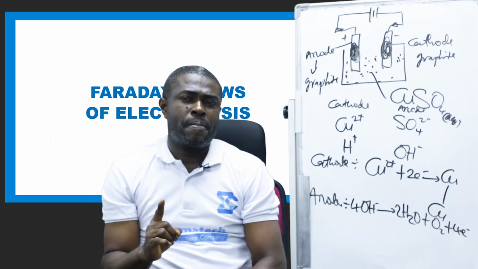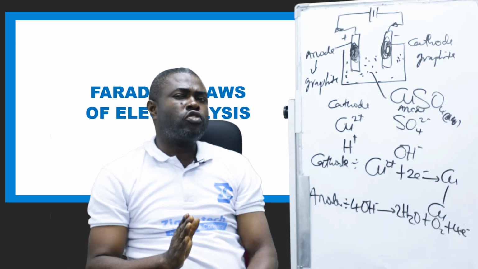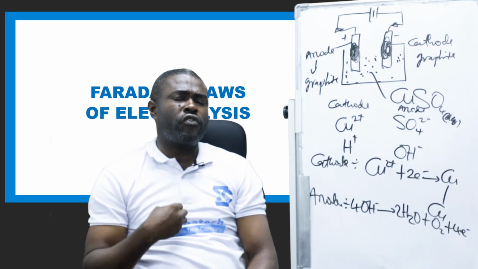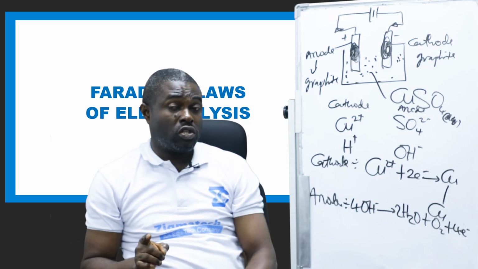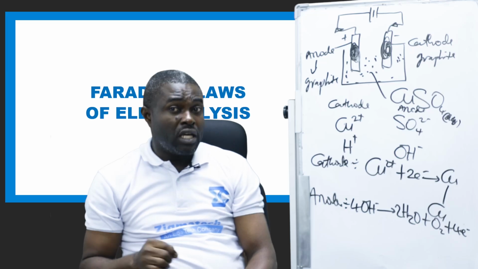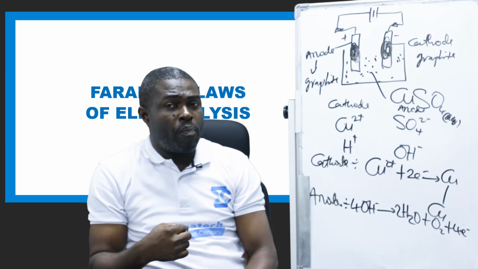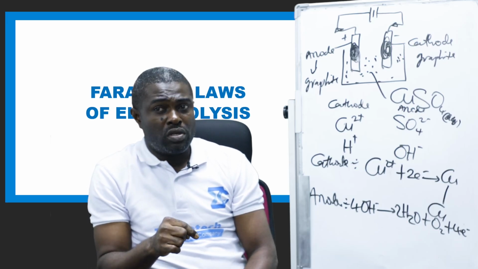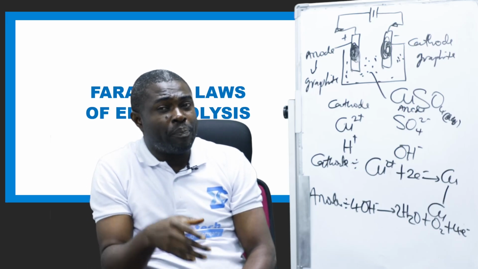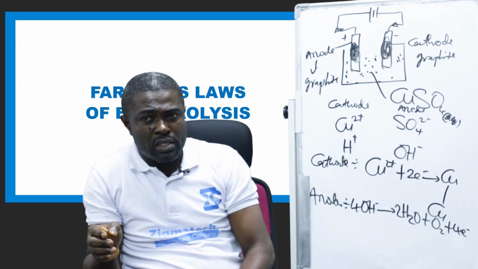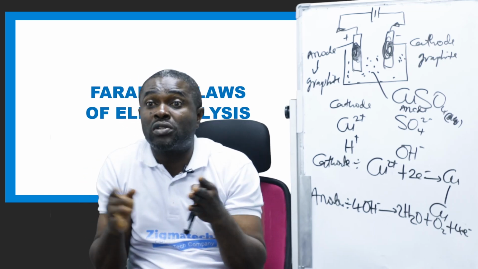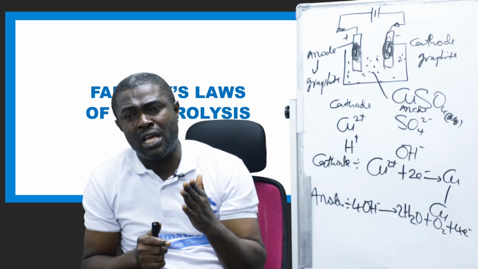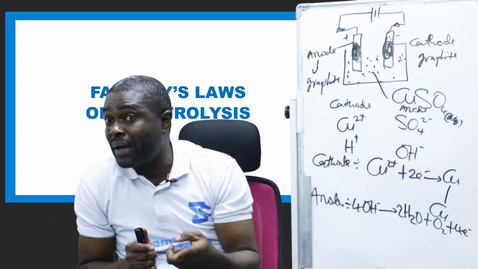Do not forget that electrolysis is the passage of current through an electrolyte, right? It is a process by which a compound known as electrolyte, an ionic compound, is decomposed by the passage of current. We simply define it as the chemical decomposition of an ionic compound, which is the electrolyte, by the passage of current.